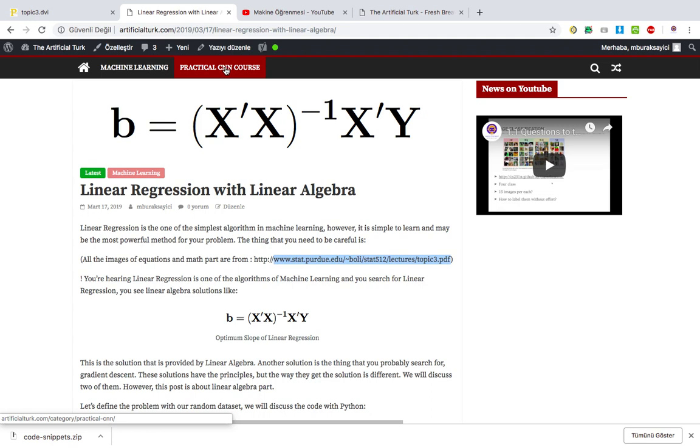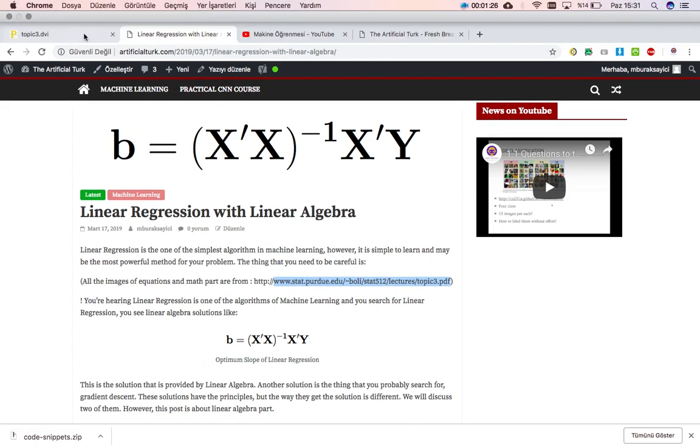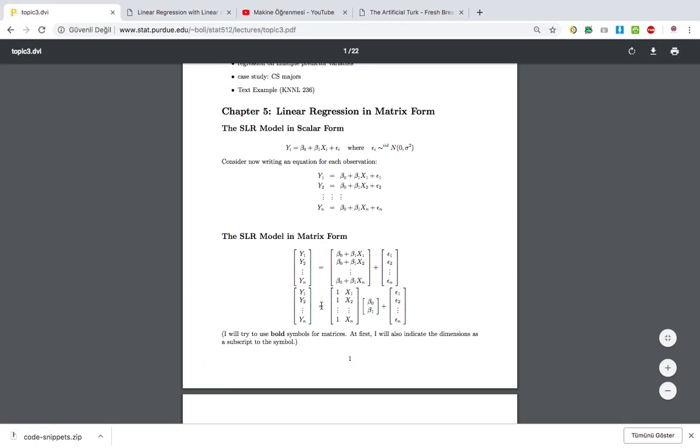And probably you are searching for linear regression models. You are searching for machine learning algorithms, and you are searching for linear regression because it's easy, and it's also the first algorithm that you see in all courses, in all tutorials, and you probably see some explanations like that.